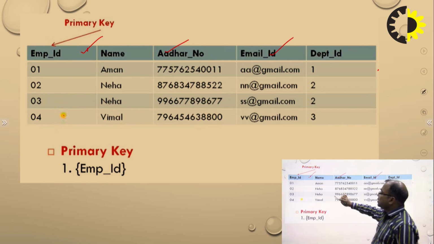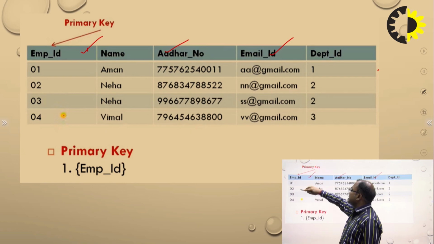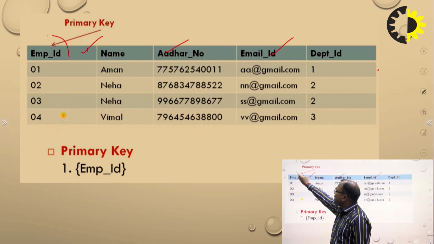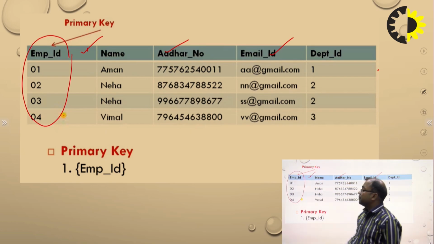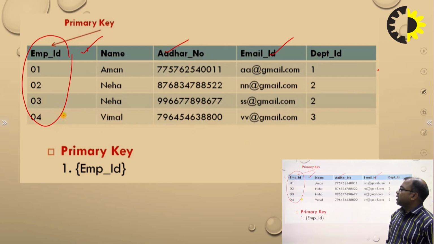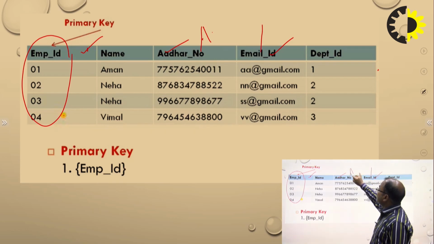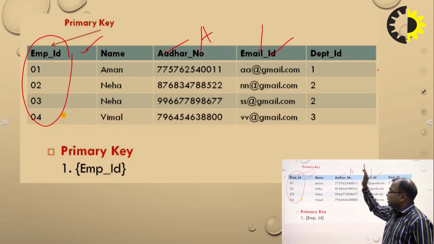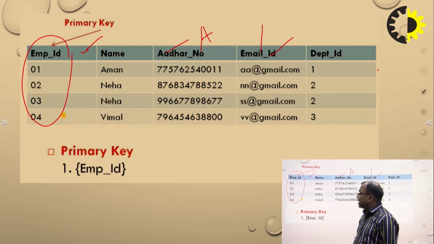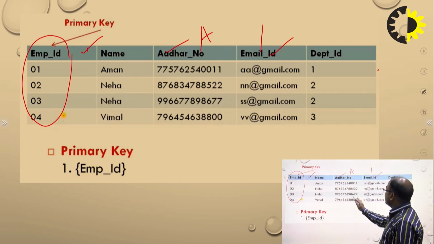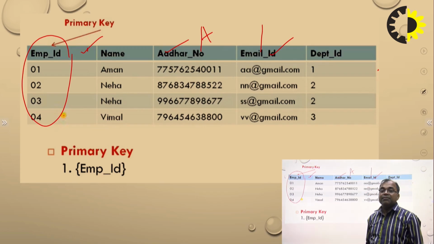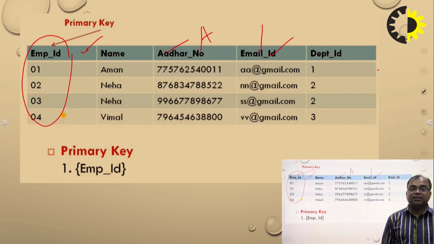But the database designer decides that employee ID is the primary key. That's why it is the primary key, and we cannot say the others are also primary keys in this table. They are alternate keys. So the keys left among the candidate keys except the primary key are called alternate keys. So only one primary key can be defined in every table in the database. Clear?